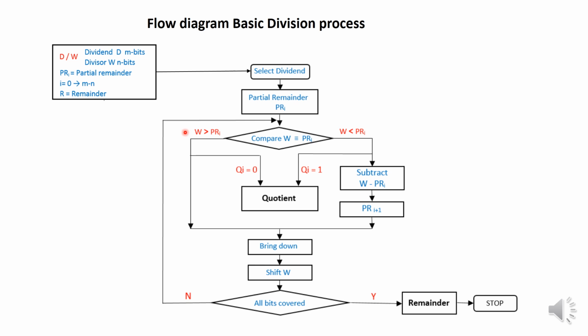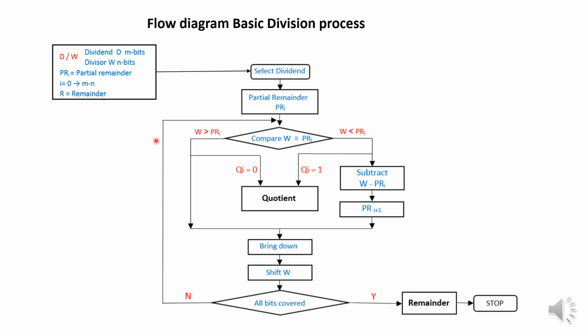If the divisor is bigger than the partial remainder, it does not go. We cannot subtract, so we write 0 in the quotient. Then, in both cases, we bring down the next bit of the dividend, and we shift right the divisor one place.